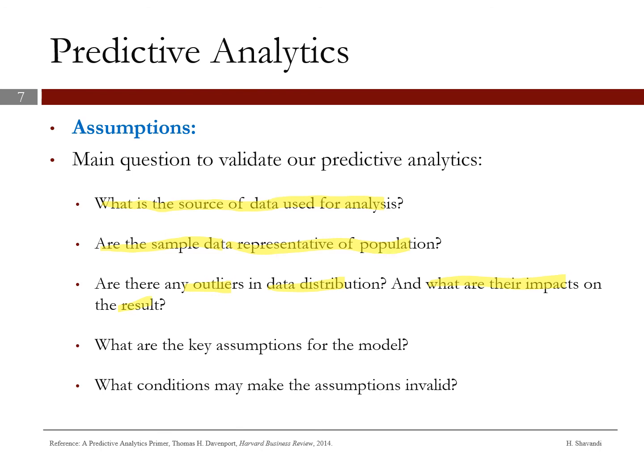What are the key assumptions for the model, and what conditions may make the assumptions invalid? By answering these questions for any data set and for any predictive analytics, we can make sure our assumptions are right and still valid, and we can rely on the results obtained by that predictive method.